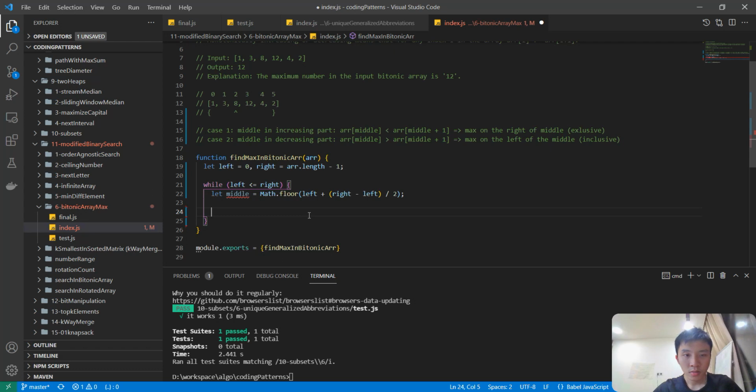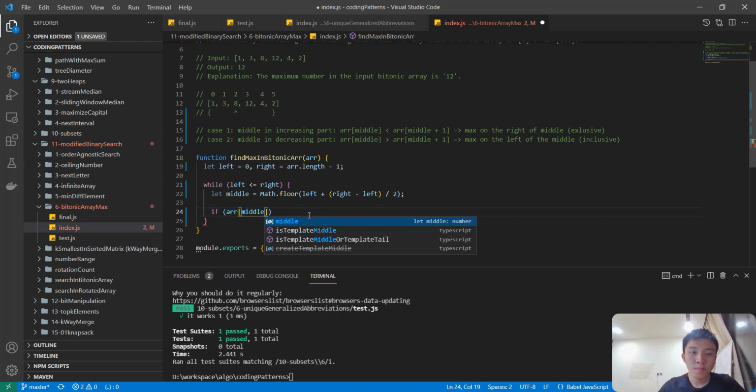In order to know that, we can compare the number at the middle index with the number at middle plus 1.